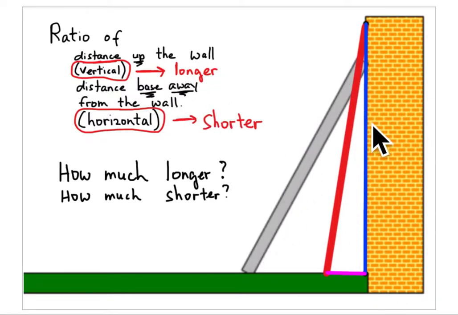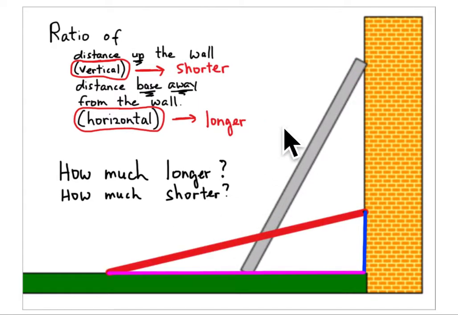If I make this longer, and I tried to keep the ladder the same length, notice that the base of the ladder moves closer to the wall. So this is steeper. So this length is longer, much longer compared to this length. So the ratio of the vertical distance up the wall is a large number. It's much longer than the value that the base is away from the wall.